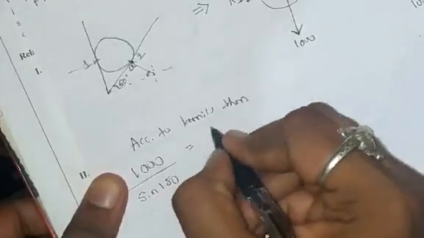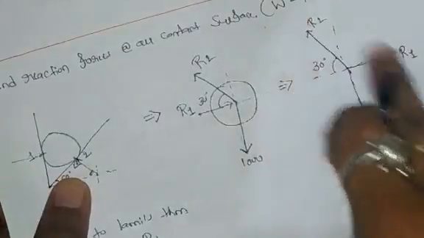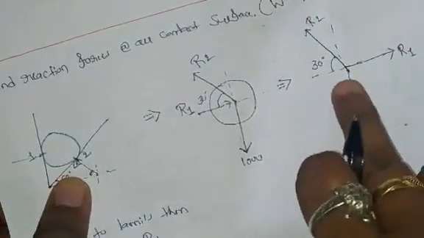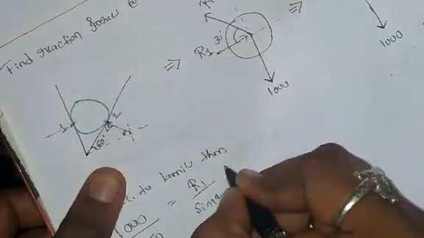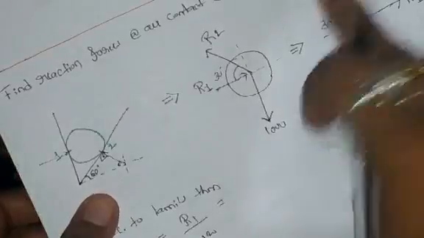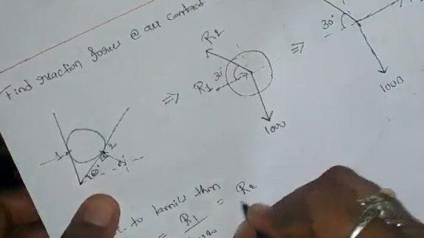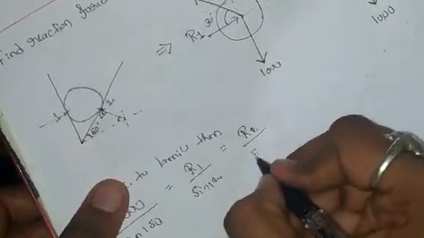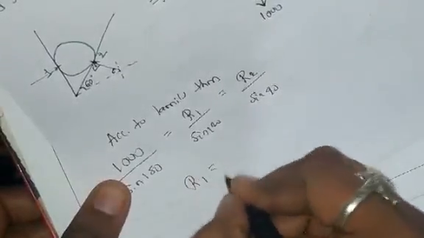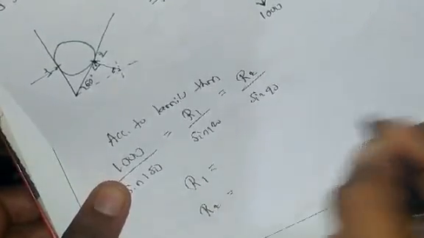That is equal to R1 divided by sine of the angle between R2 and 1000, which is 90 plus 30, sine 120. That is equal to, consider R2 now, the angle between 1000 and R1 is 90, so sine 90. From this R1 is equal to, and from this R2 is equal to.